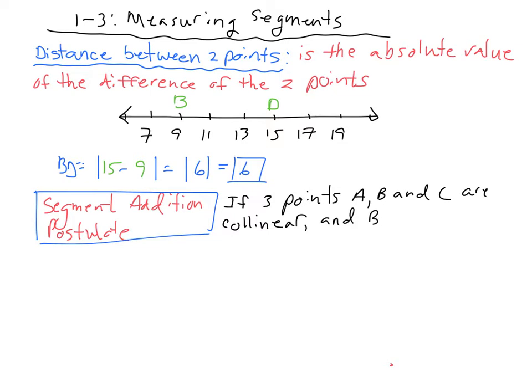I'm going to show you a picture that will explain everything. And B is between A and C, then AB plus BC is equal to AC.